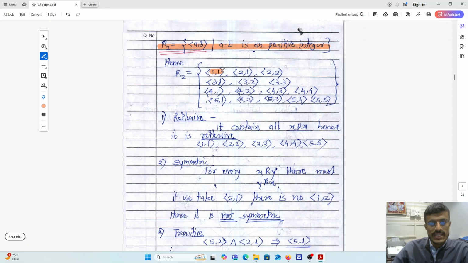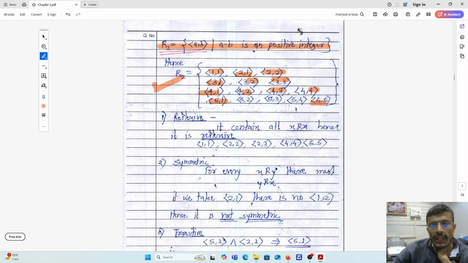So a minus a is equal to 0, that is positive. 2 minus 1 is equal to 1, again positive. 2 minus 2 is equal to 0, again positive. Likewise 3 1, 3 2, 3 3, 4 1, 4 2, 4 3, 4 4, 5 1, 5 2, 5 3, 5 5, 5 4. So these are the possible ordered pairs for the relation R2.